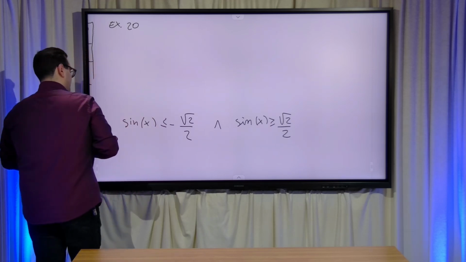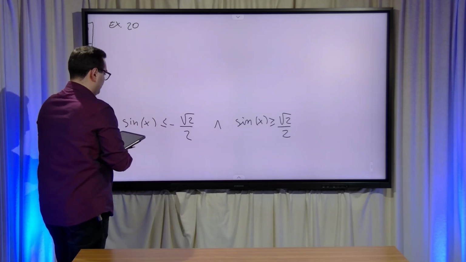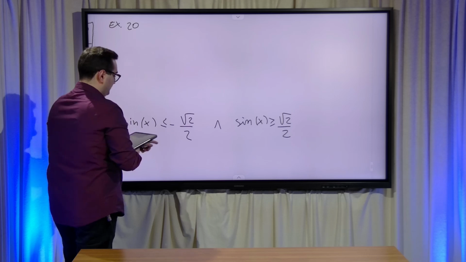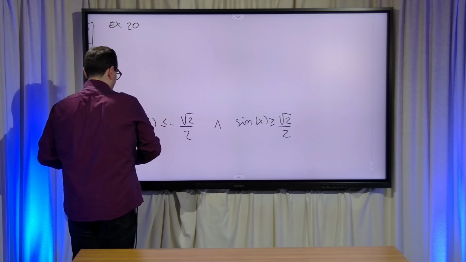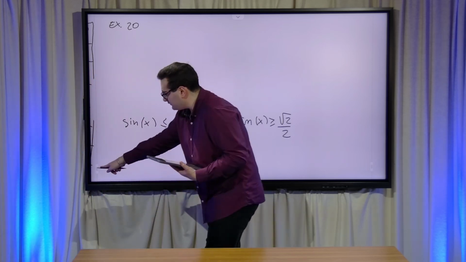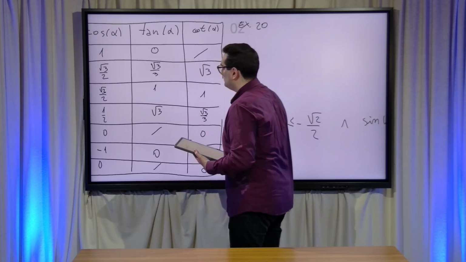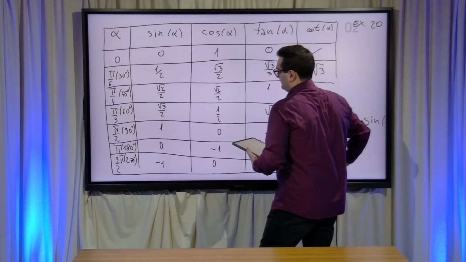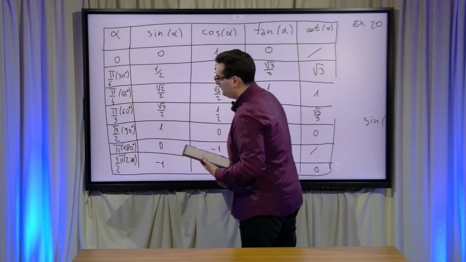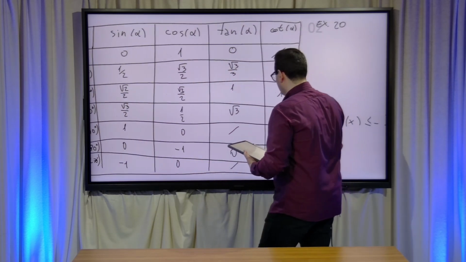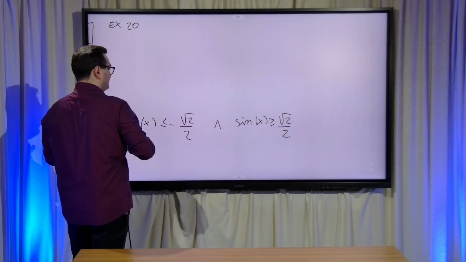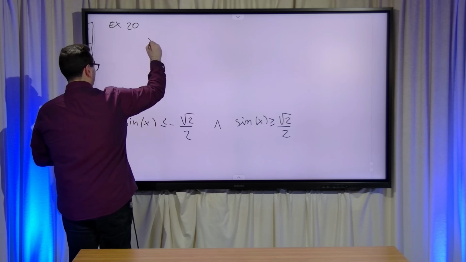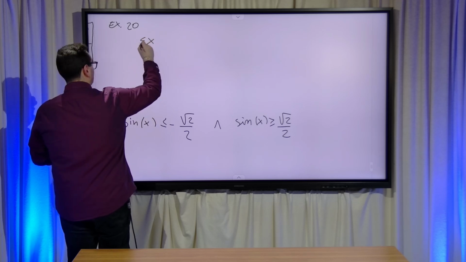Okay, so from the first one, I have a minus sign here. Square root of 2 over 2 is given by this angle, but if I consider all the opposite angles, I get the solution.